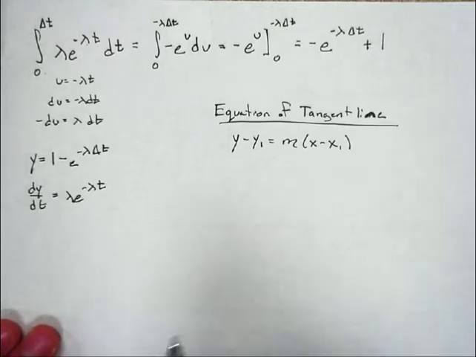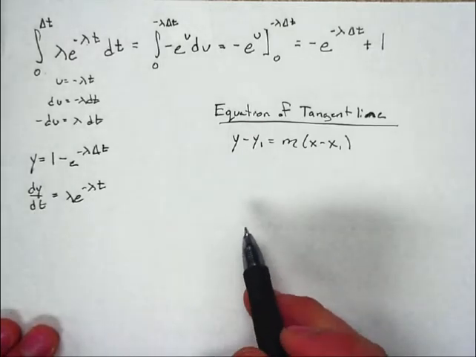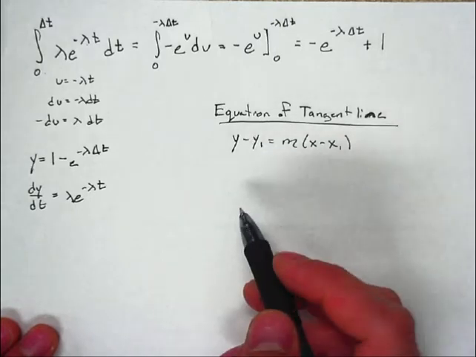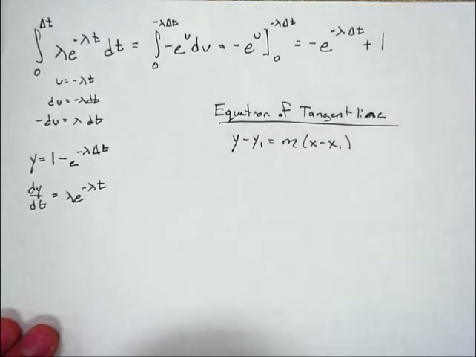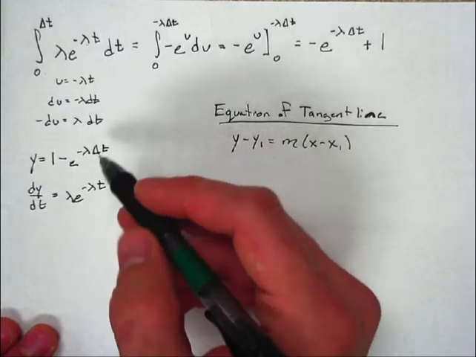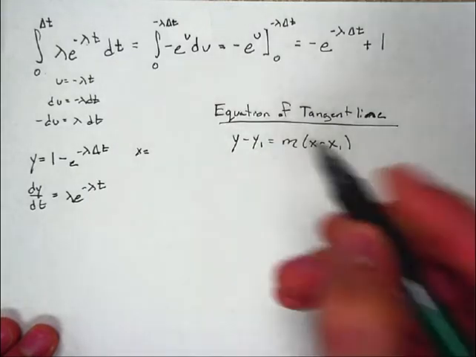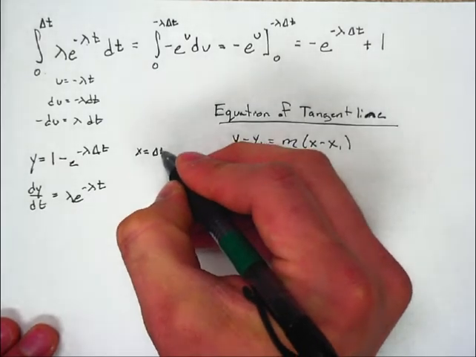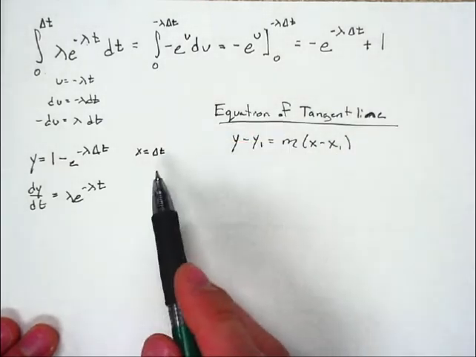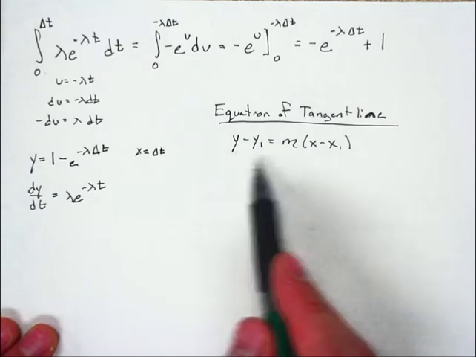Now, the whole reason the tangent line equation is what we need is because we want delta t to go towards 0. So we need to know what our input is. I'm going to let that be x, and call that delta t. I'm trying to create some notation here so that you can use this formula.